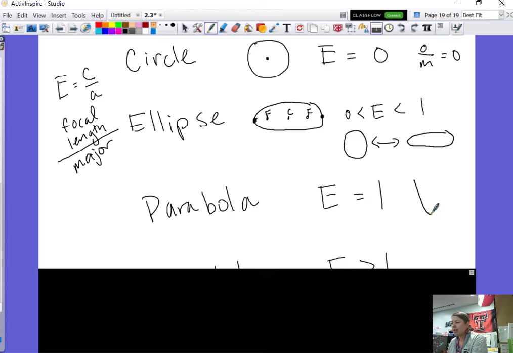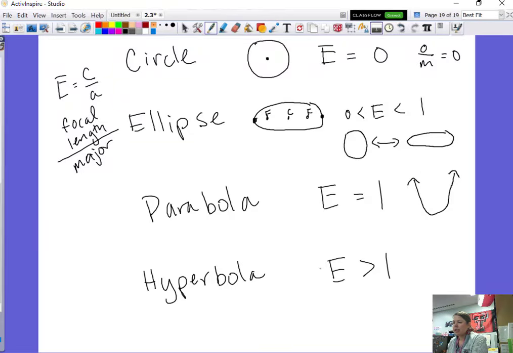A parabola looks like an ellipse that's just kind of been broken, and so that shape has an eccentricity of 1.